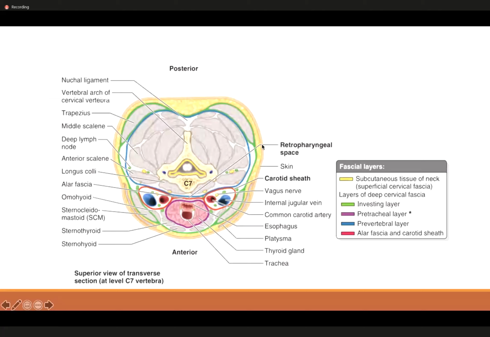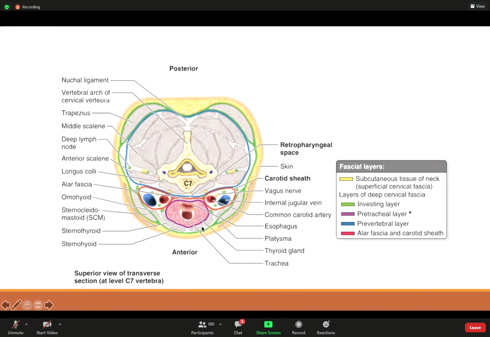After that, you have some fat layers. And after that, you have different layers that we call the deep cervical fascia. The first one that covers everything deeper than the superficial fascia is the green one. You can see it enwraps the whole neck. This is called the investing layer.